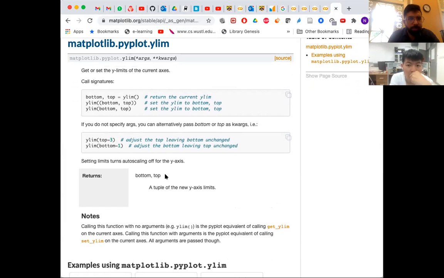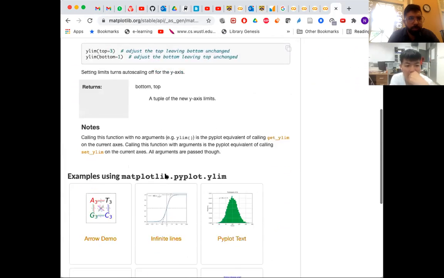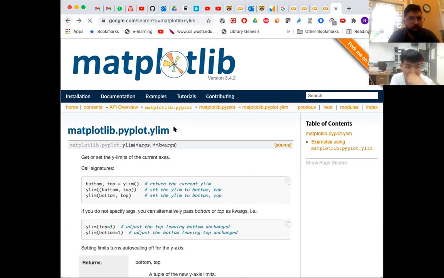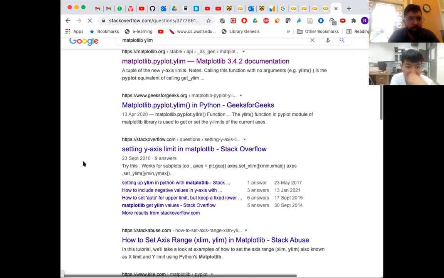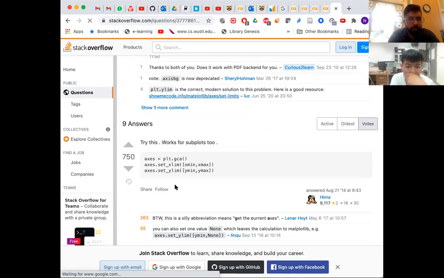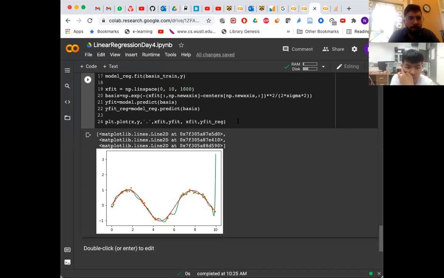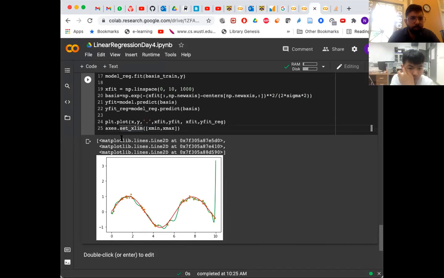Top, bottom, and top. So since it's a cosine, we probably need something like 1.1 and 1.1. Let's run it.